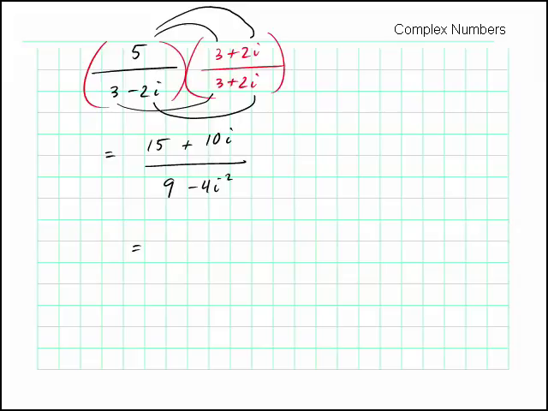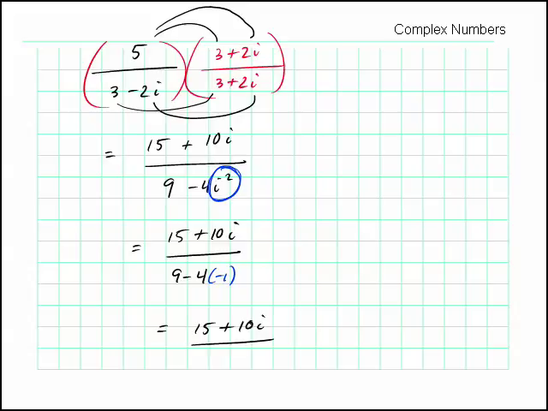I'm going to leave the numerator as it is. That's 15 plus 10i in the numerator. The denominator, 9 minus 4 times this i squared right here can be replaced with negative 1. And so I've got 15 plus 10i over, how much is that going to add up to? 9 plus 4, so that's 13.